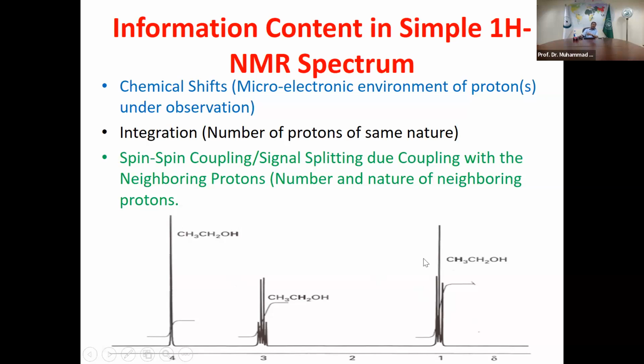Now, if I tell you that we replace this, let's say, with a more electronegative atom such as fluorine, everything would be more de-shielded. If it is NH, an amine, nitrogen is less electronegative as compared to oxygen, and the chemical shift would be different.